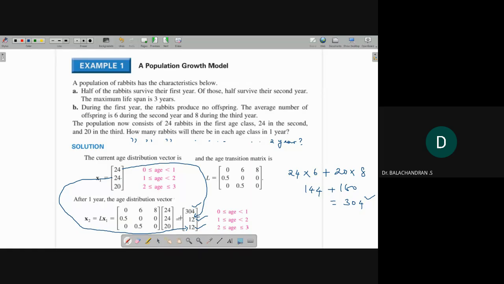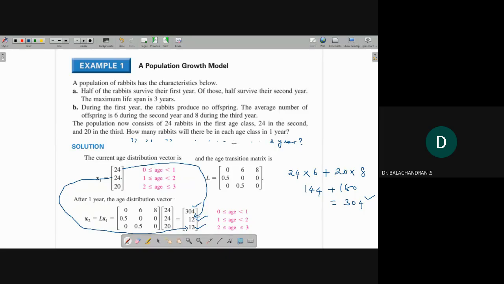Okay, this is the end of the first year. You have 304 members in the first age group, 12 members in the second age group, 12 members in the third age group. Up to now, I am not using matrices.